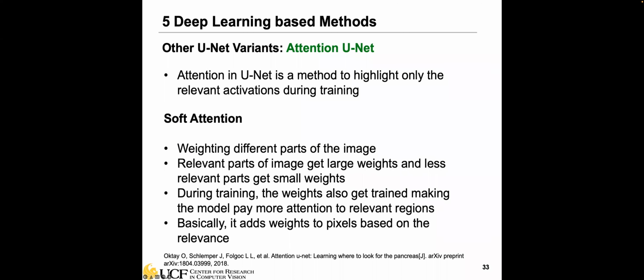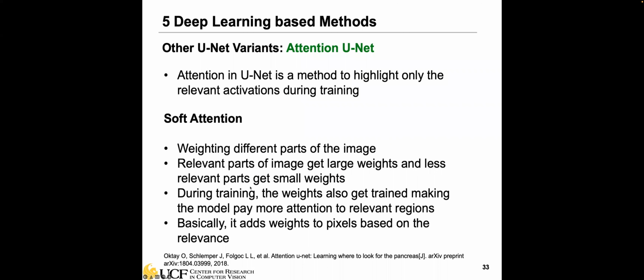For example, I want to put more weight on the tumor region, right? Kind of highlight it, or make the network pay more attention to those regions so I can make better segmentation. But for some of the background region, not the foreground, I want to pay less attention. Focus more on the foreground region.